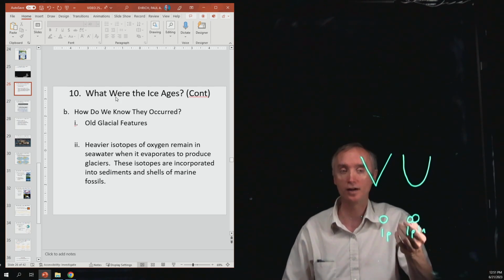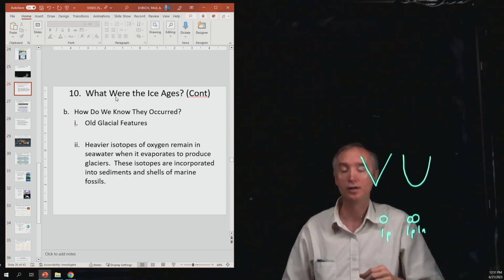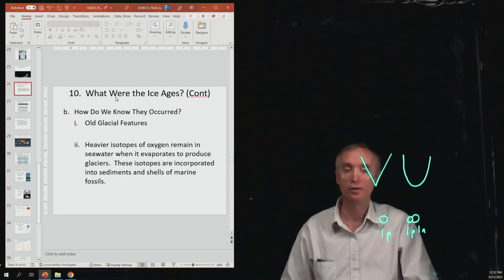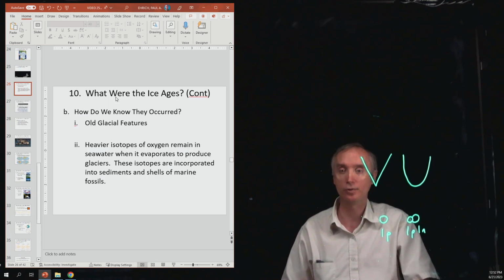When we find those marine organisms, we can date them using radioactive dating to see how old they are, and based on the number of heavy isotopes in them, we can figure out when these heavier isotopes were in the water. And that would indicate when the ice ages were occurring.